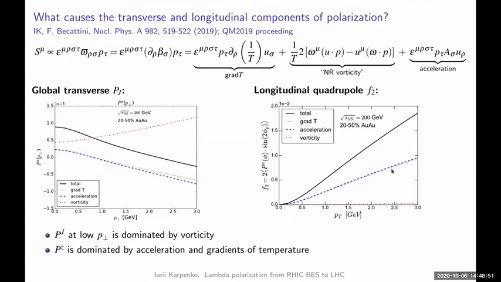So the equality of those two contributions shows that the hydrodynamic evolution is very close to ideal, which validates the overall output of hydrodynamics. That confirms the expectation that the quadrupole longitudinal polarization is dominated not by vorticity, but by acceleration, in this case azimuthally anisotropic acceleration, and also gradients of temperature at the moment of particlization.